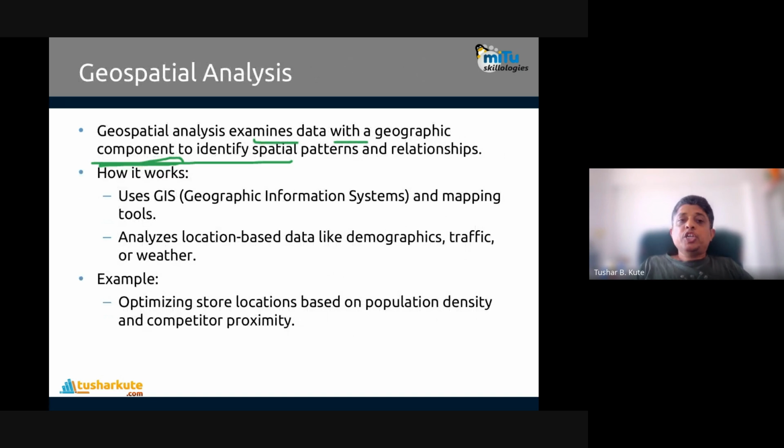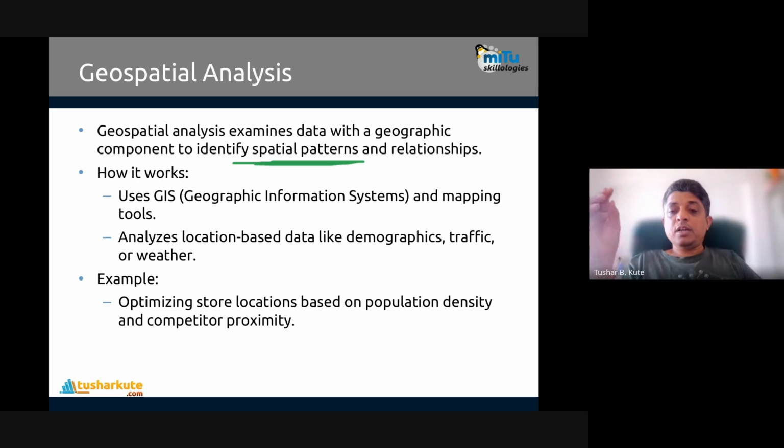And the next one is geospatial analytics. Spatial data is data which contains geographical locations, like the data used by Google Maps. Geospatial analysis examines the data's geographic component to identify spatial patterns.